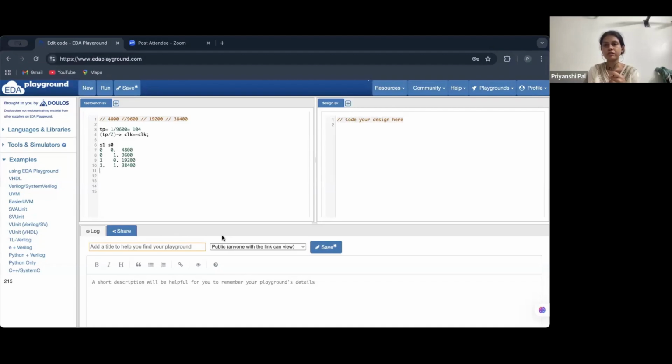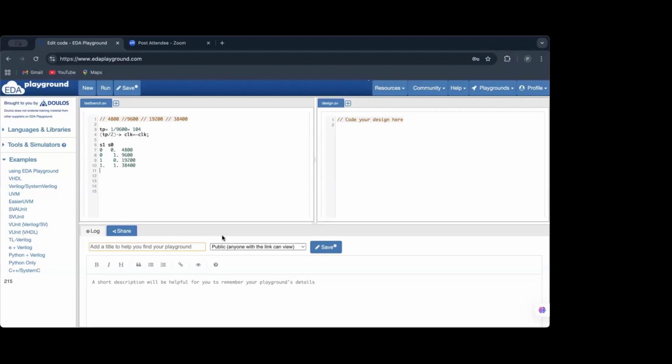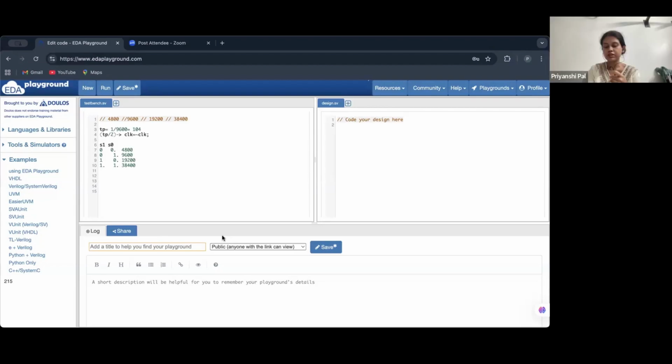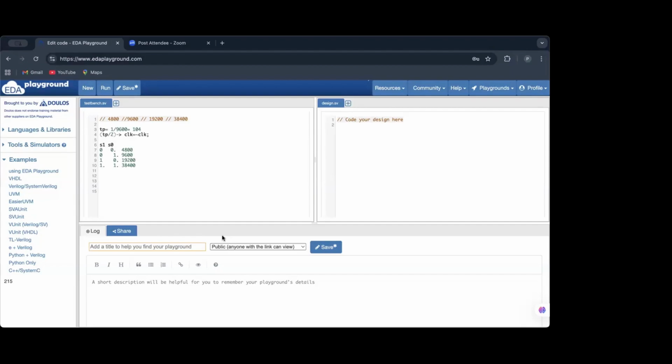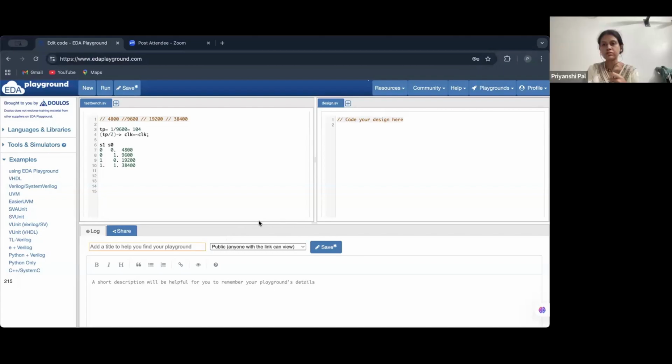Then I opted for the FPGA and verification subject where I got introduced to Verilog. So I thought that this might work for me. Also, I don't think I have a very good inclination towards analog stuff, like back end stuff. Fine. A bit of technology and the coding part also. Yes, ma'am.